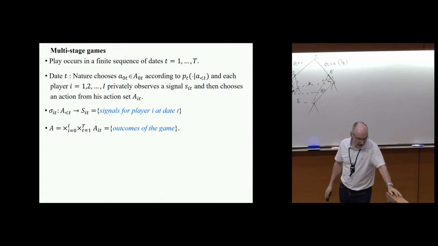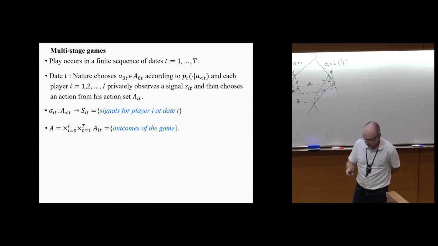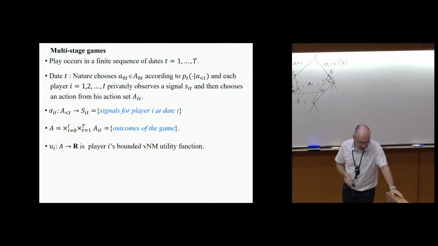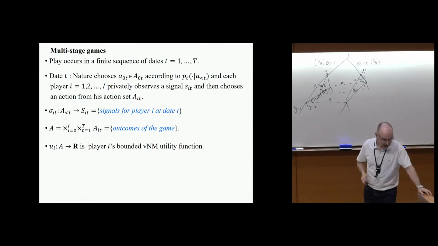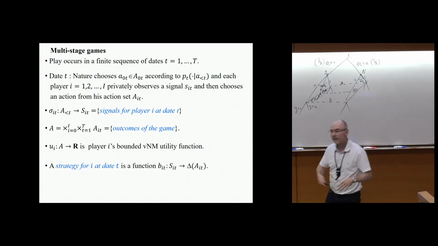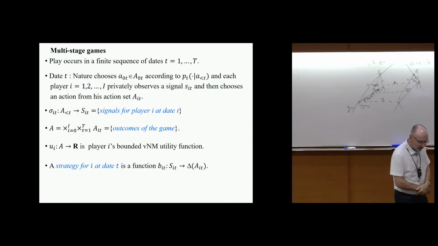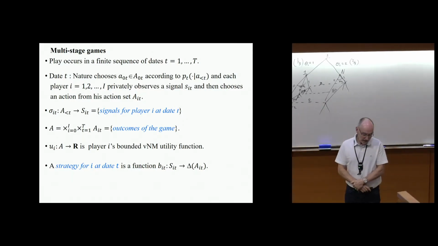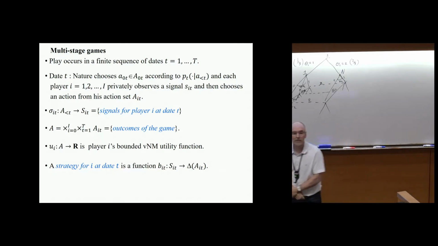Okay. So an outcome of the game is just a product of all of the action spaces, including nature. Players have bounded, measurable, and by the way, there's measurability stuff all over. I'm just not mentioning it. Bounded utility function. What's a strategy? A strategy is a mapping. Again, it's going to be a transition probability, so there are measurability properties that one would want. B_it maps a signal, S_it, into a probability distribution over actions.